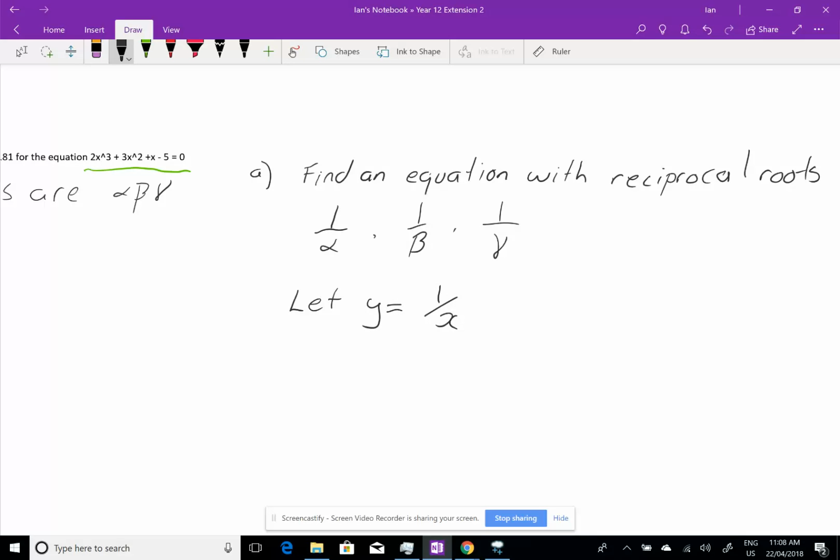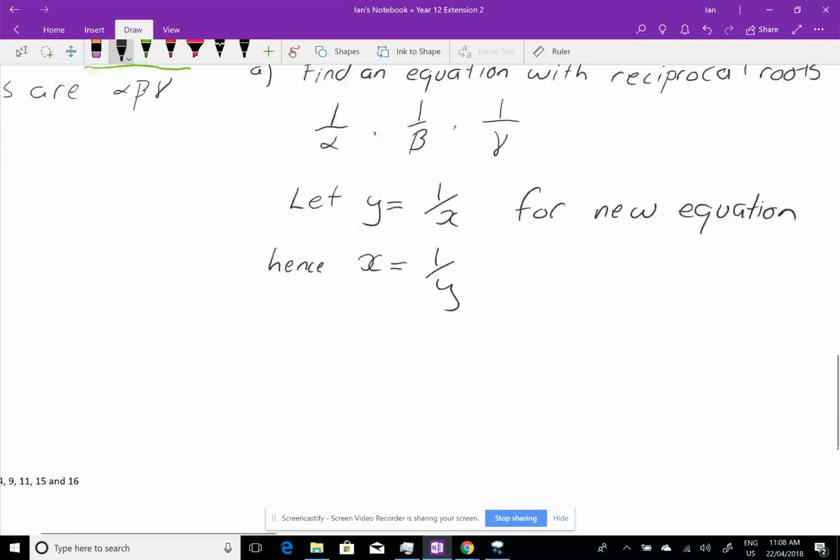Hence, for my new equation, and because I want the equation in terms of x, if I rewrite this, well, x equals 1 on y. So everywhere I'm going to substitute 1 on y into the equation.